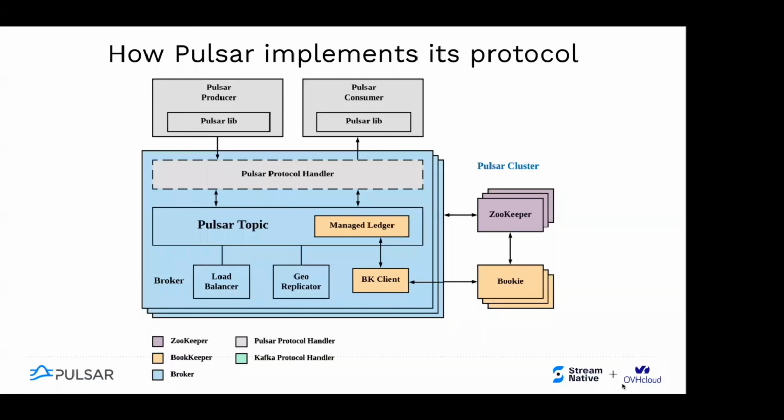Pulsar implemented whole distributed system concepts, like how to load balance ownership across brokers and how to do geo-replication at the storage layer. At the end of the day, the protocol itself is a very thin layer built on top of this distributed log storage, and people can just play with Pulsar using the producer interface and consumer interface.